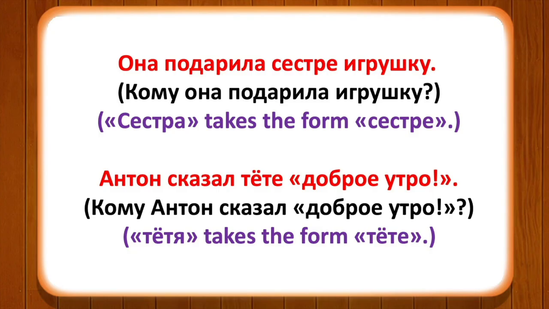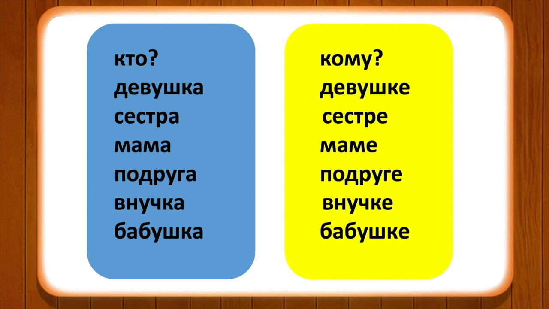Now, let's go ahead and pay attention to a few more examples. As a general rule, in the nominative case, any noun which ends with a and ya is of feminine gender. Now, let's pay attention to the endings of such nouns in the dative. So, we know девушка, сестра, мама, подруга, внучка, бабушка all belong to the feminine gender noun in singular.